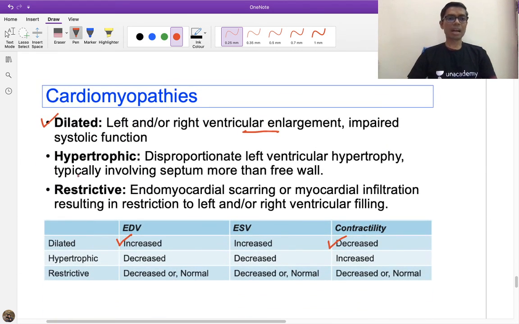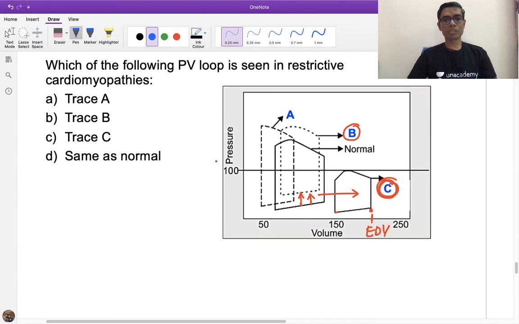Second, hypertrophic cardiomyopathy. Disproportionate left ventricular hypertrophy. So because of this ventricular hypertrophy, see here what is happening to the end diastolic volume. End diastolic volume decreases, okay, and contractility increases. Contractility increase means I told you the curve will shift in which direction?